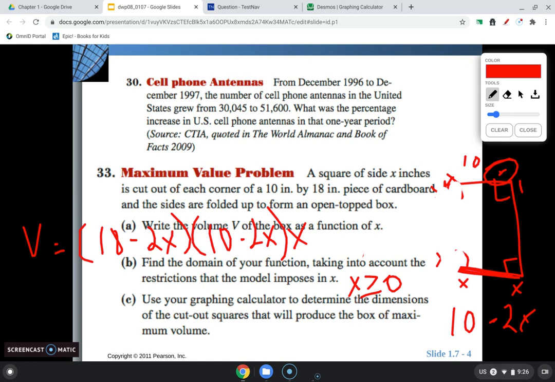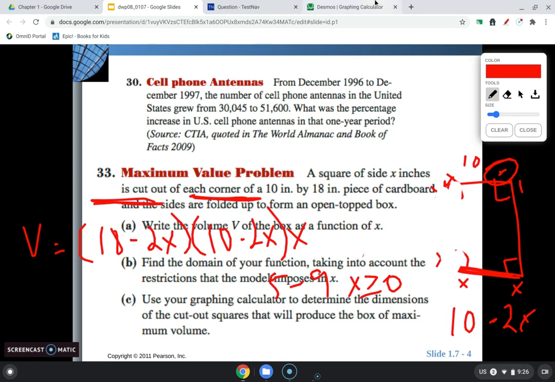Also, think about the function itself. If I put 9 into that first part, that makes it 0. And if I put 5 into that second part, that makes it 0. So we know we're going to want to be somewhere between 5 and 9, because that'll make that negative if we go above that, and we can't have a negative volume.